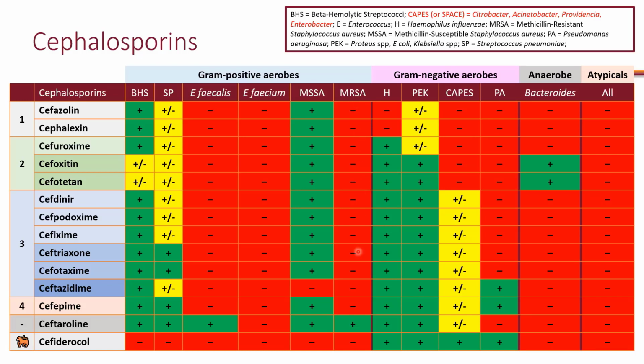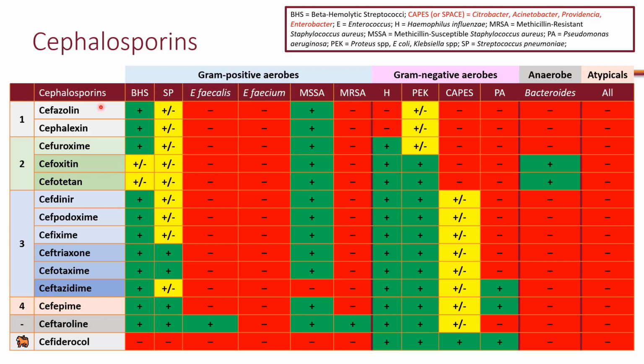In fact, ceftaroline is the only beta-lactam that has activity against MRSA among the agents that are available in the US. There are other beta-lactams that are available elsewhere that may have activity against MRSA.